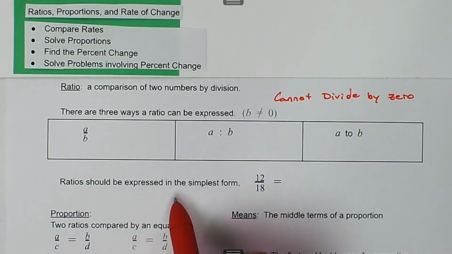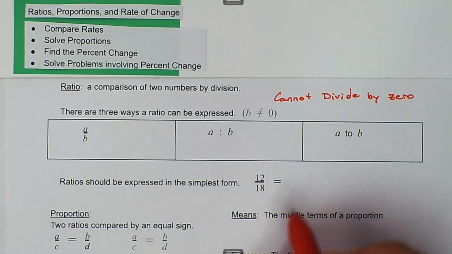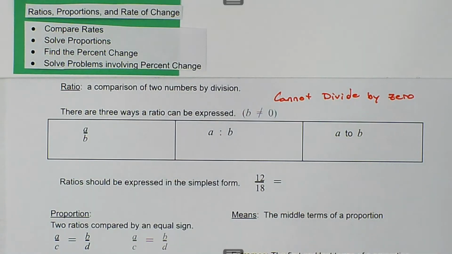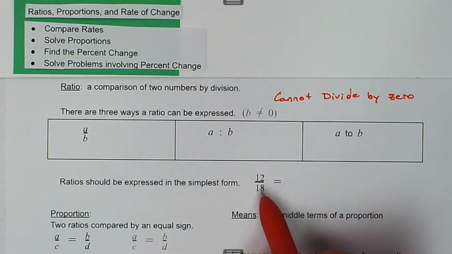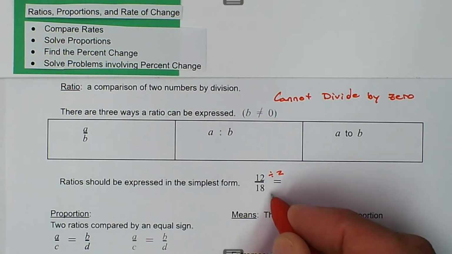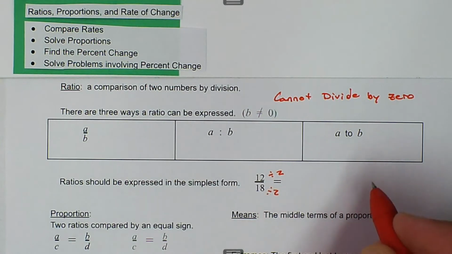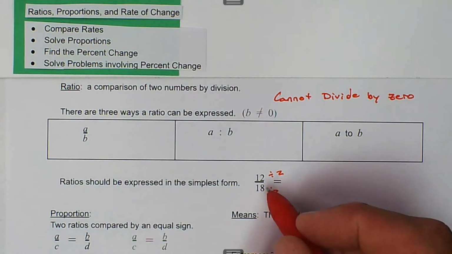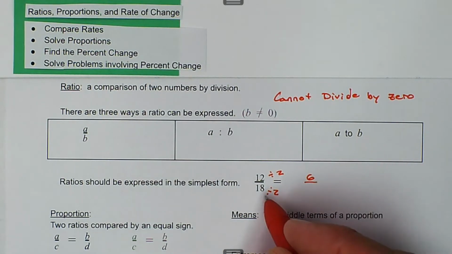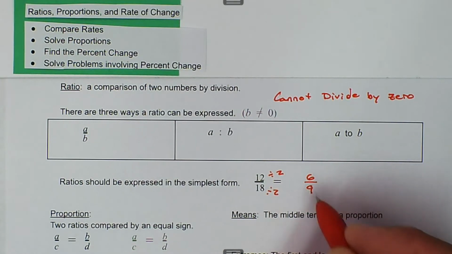Ratios should be expressed in the simplest form. So if we look here, both of these are divisible by 6, or we could say both of these are even, so we know we can divide both of them by 2. 12 divided by 2 gives me 6, and 18 divided by 2 gives me 9.